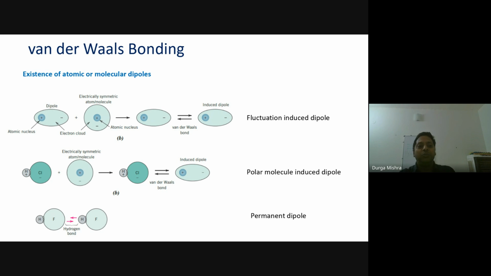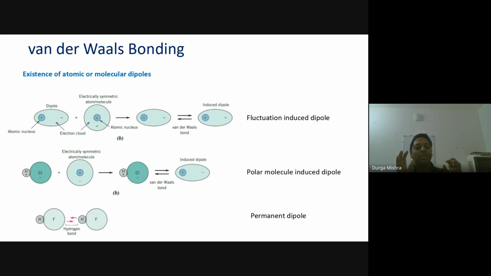The second way of creating this dipole is if you bring a polar molecule and induce the dipole. So what is a polar molecule? A polar molecule has an inherent dipole already. Water is a polar molecule. HCl is a polar molecule. It has a permanent dipole moment.